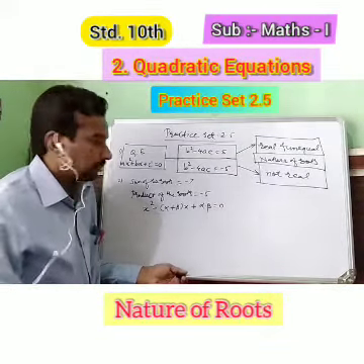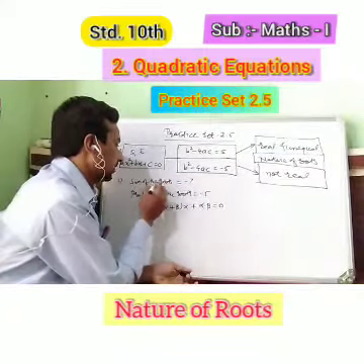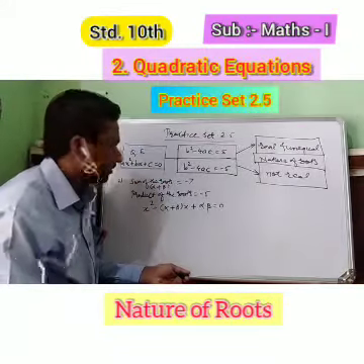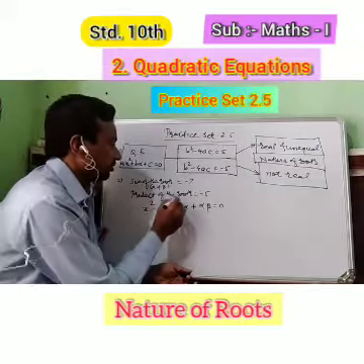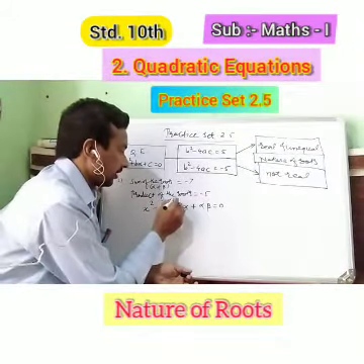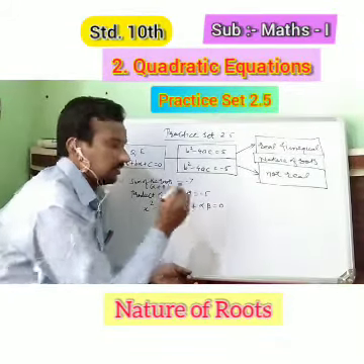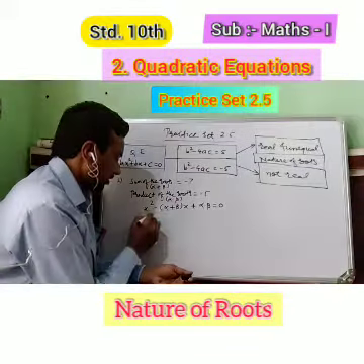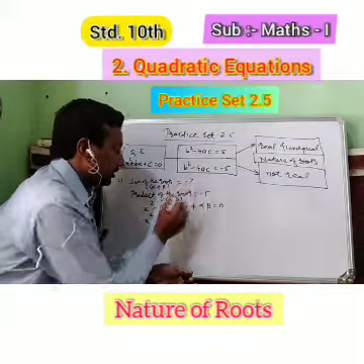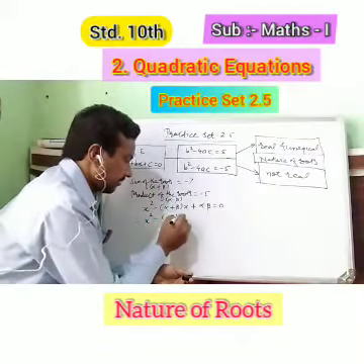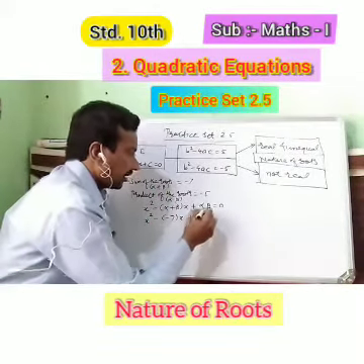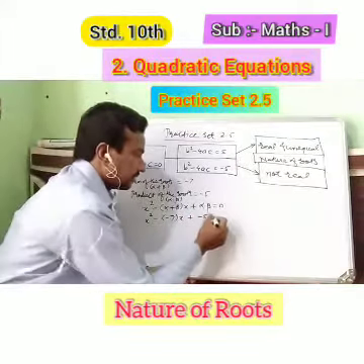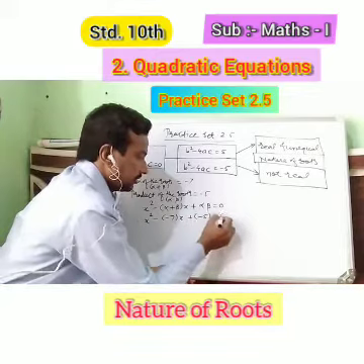Now sum of the roots means alpha plus beta is minus 7 and product of the roots means alpha into beta, that is minus 5. Then put the values. X square minus alpha plus beta, which is minus 7, into x plus alpha into beta, which is minus 5, is equal to 0.